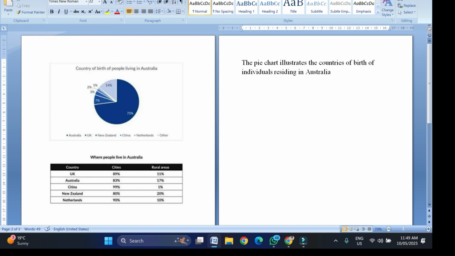Now, moving further, we have to explain the table as well. Put your comma here.